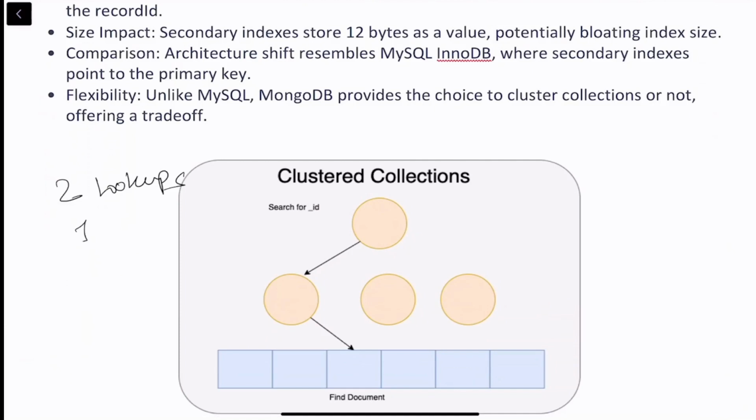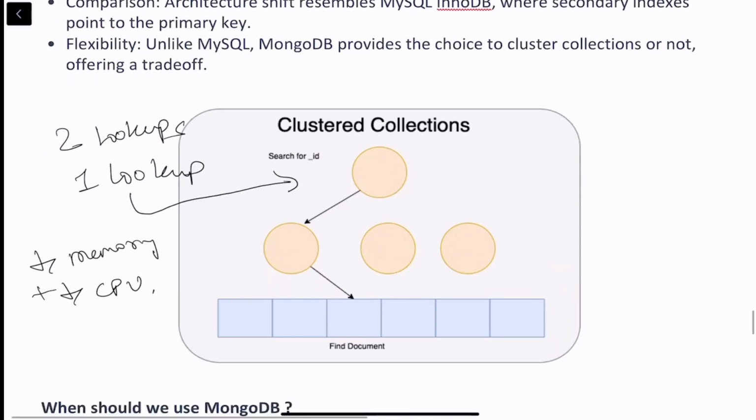Instead, now it's one lookup. So the ID is directly referencing the document. This reduces the memory consumption, plus reduces the CPU usage, as well as has all the benefits of having the document level lock plus an increase in write efficiency.